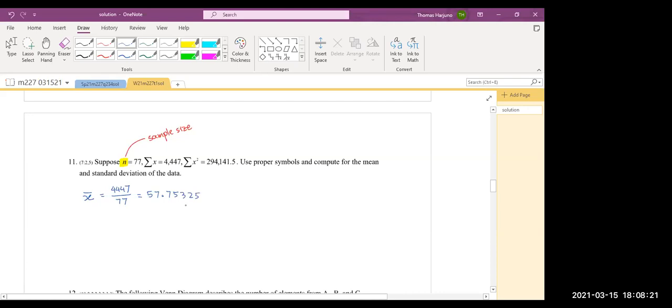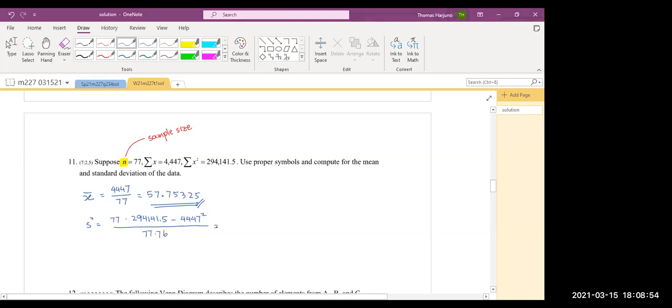Notice I didn't say round to how many decimal places, so assume it's 5 decimal places. The sample variance will be 77 times 294,141.5 minus 4447 squared, over the denominator for sample variance, which is n times n minus 1.